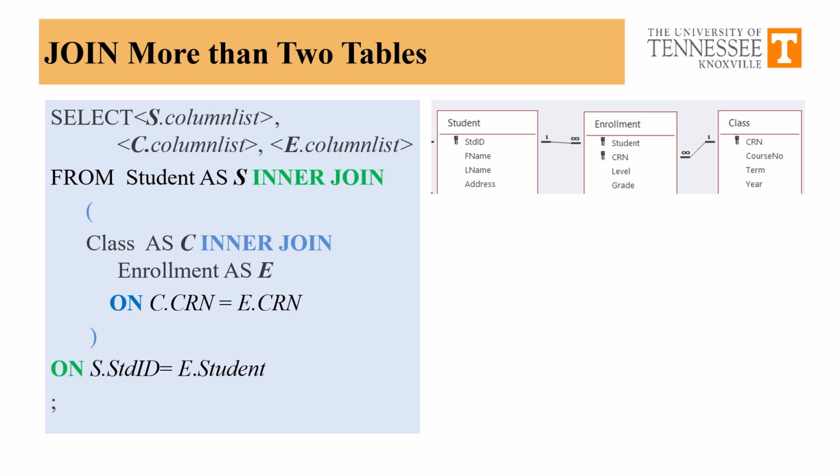The key is to break it down step by step, joining two tables at a time. Using aliases like S, C, and E makes the query easier to read. In addition, the braces are not strictly required in this query, but they help to clarify the join order.